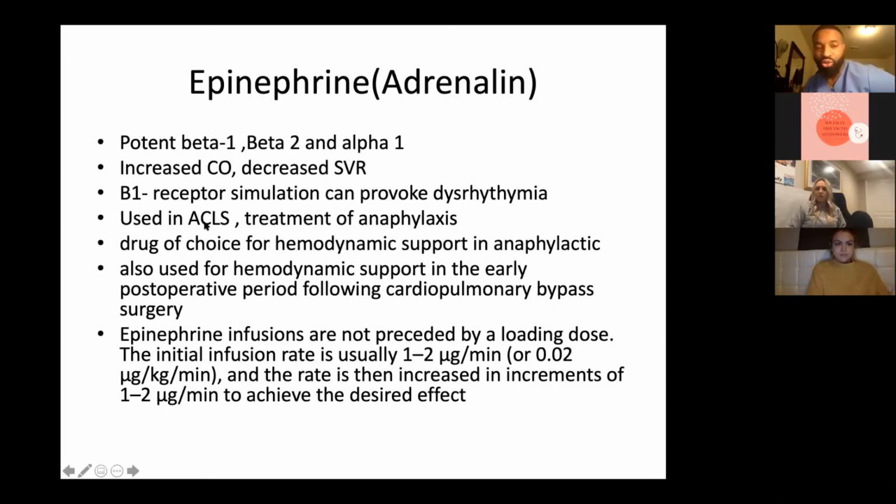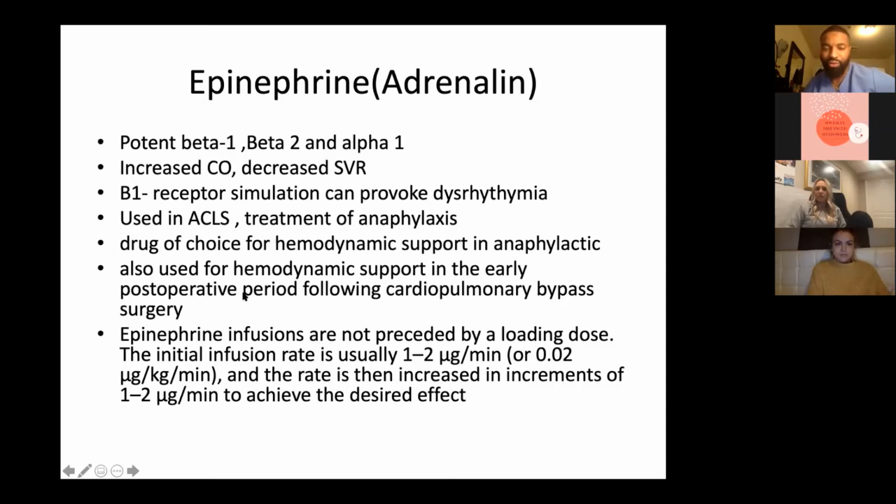It's also used in ACLS. Of course, it's used to treat anaphylaxis. This is the drug of choice for hemodynamic support in anaphylactic shock. So if you're in anaphylactic shock, epinephrine is a good one.